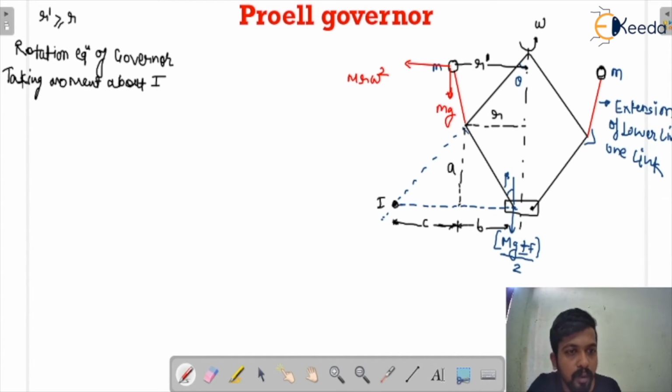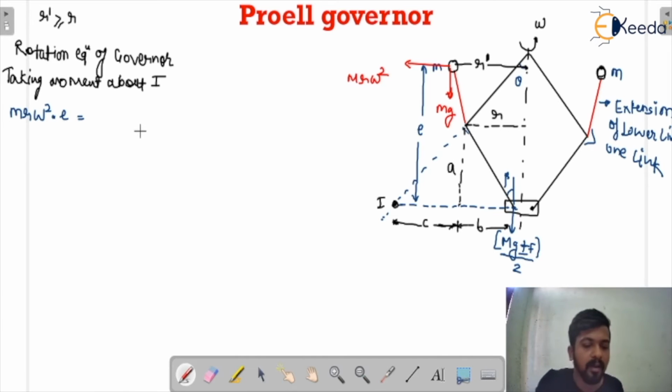So we have to take the moment of all the forces shown in the diagram. First I am writing m r omega square multiplied by this distance, which I am considering as E. This complete distance from here to the instantaneous center is E. So that is multiplied with E, and that is equal to mg, considering summation of moments equal to 0.